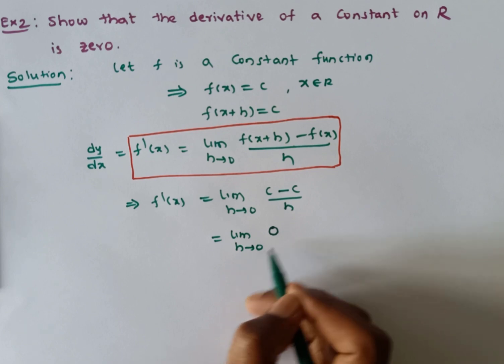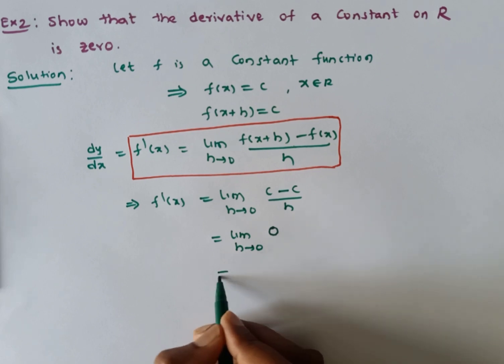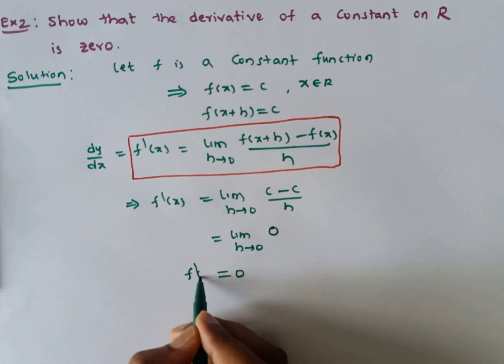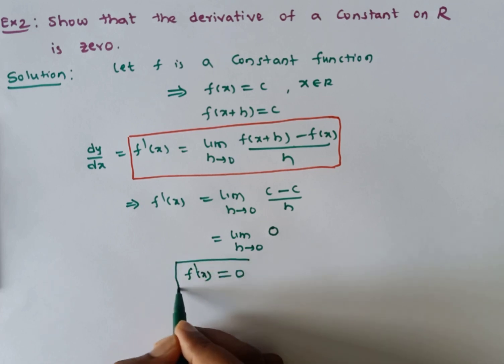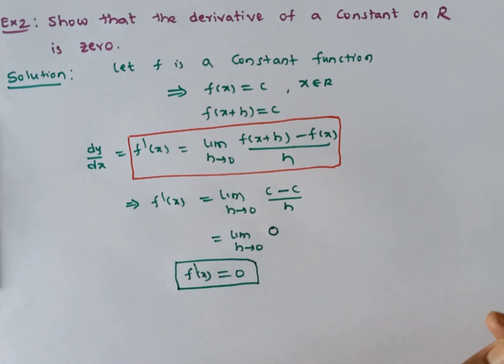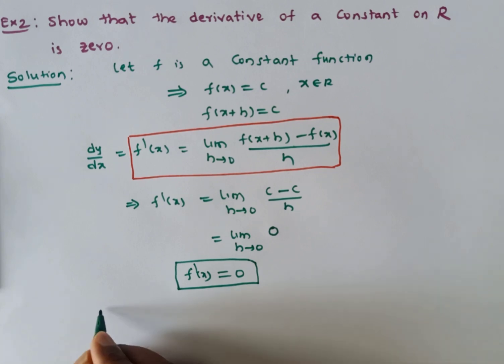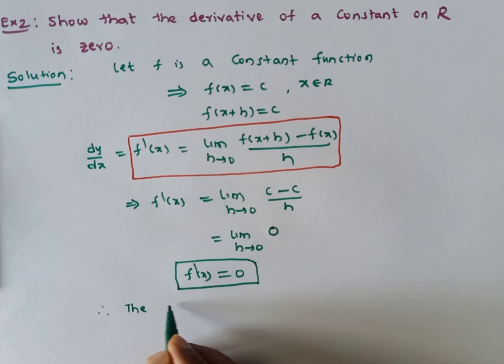As h goes to 0, 0 is 0. So the f dash of x value is 0 when the given function is a constant function. If f of x is any constant, then the derivative of that constant is always 0. Here you can generalize the point: the derivative of a constant is always 0.